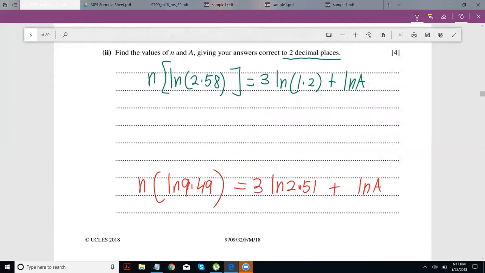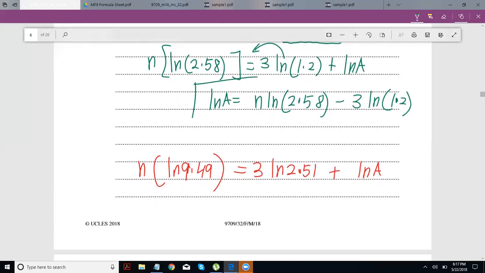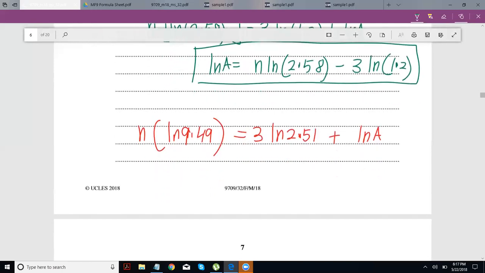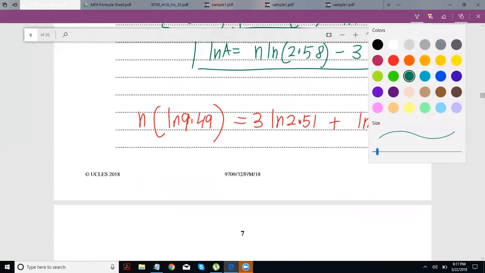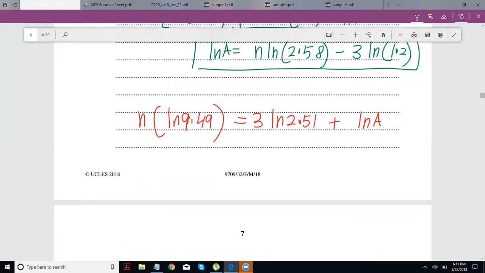So what would be simpler is if you just take ln a here, and you would then have n ln 2.58, and this just goes over there. So minus 3 ln 1.2. So you have one equation in terms of ln a, and then for your second equation in terms of ln a, you just take ln a here.